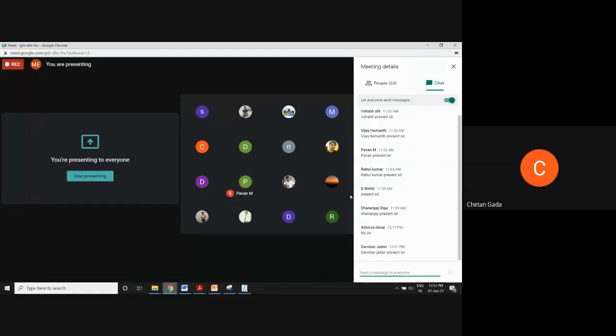Chetan, present, sir. Shivaraj, present, sir. Mohammad Zishan, present, sir. Syed, present, sir. Nikhil, present, sir. Pratham, present, sir. Deepak, present, sir. Rishabh, present, sir. Nandan Reddy, present, sir.